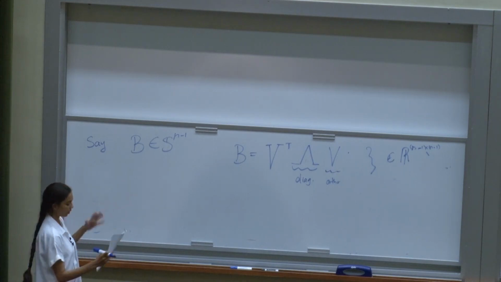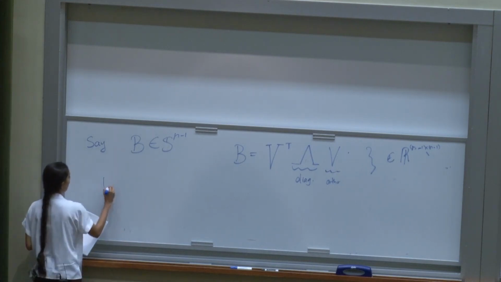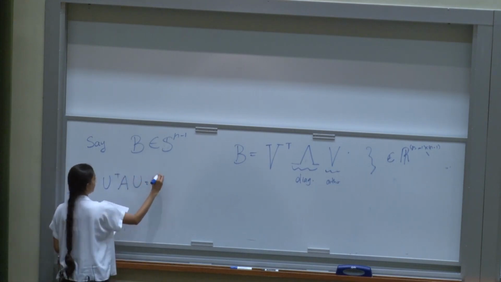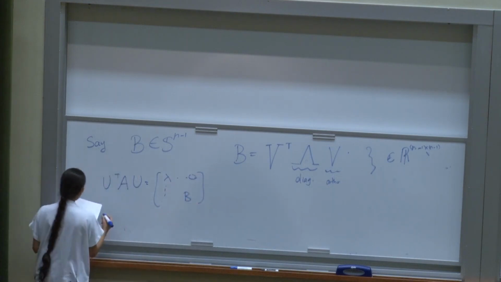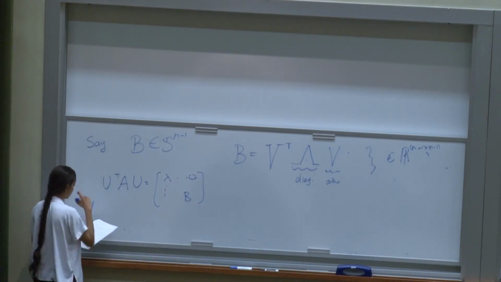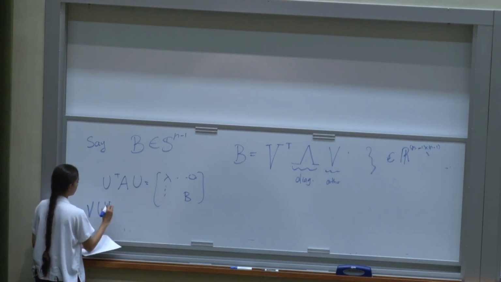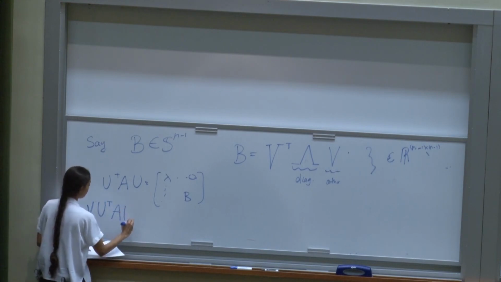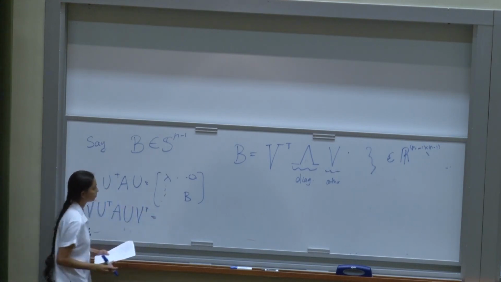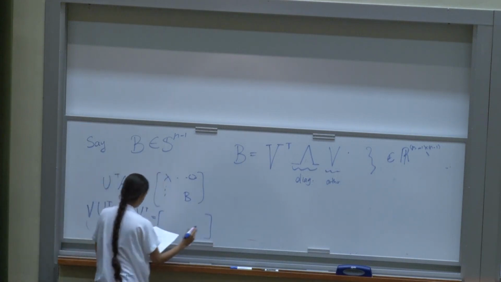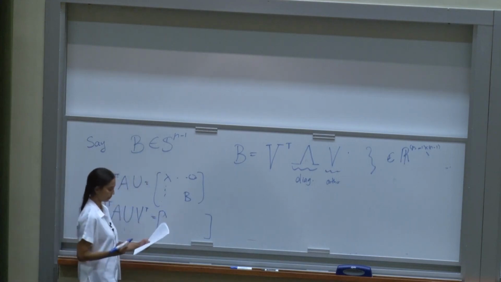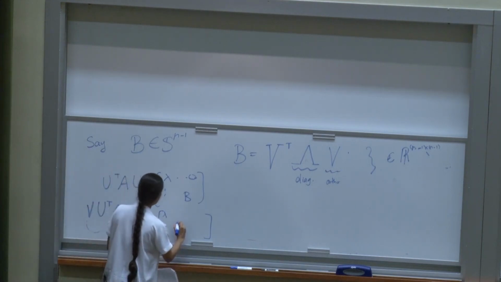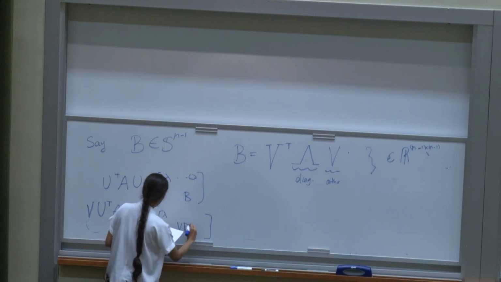So I don't have time to walk you through the intuition for this, but I know now that U transpose A U is equal to lambda, this row of zeros, this row of zeros, and this B. So now if I considered V times U transpose times A times U times V transpose, what I would get is this entry would not be affected. I would still get a lambda here. And what I would get would be V B V transpose.